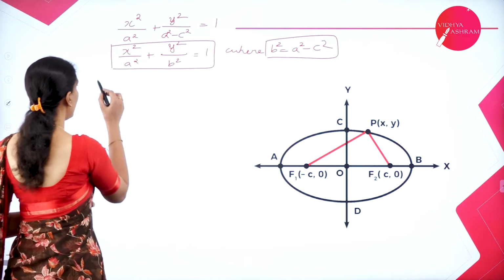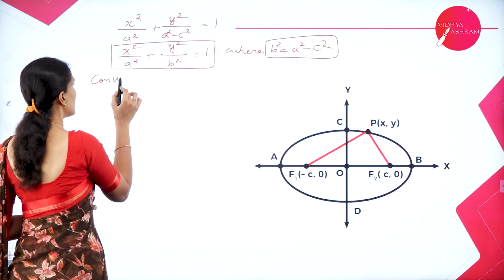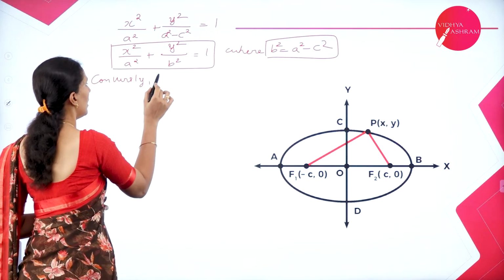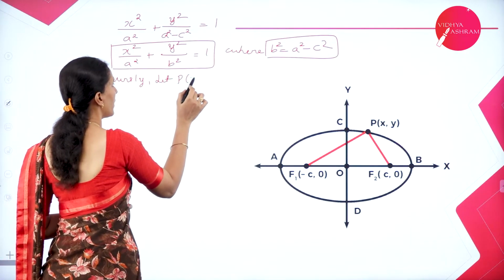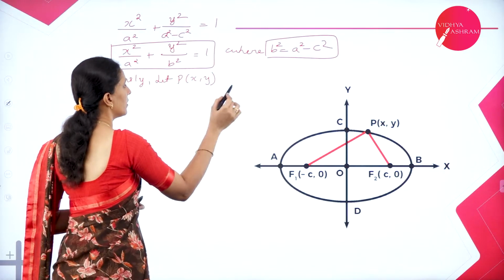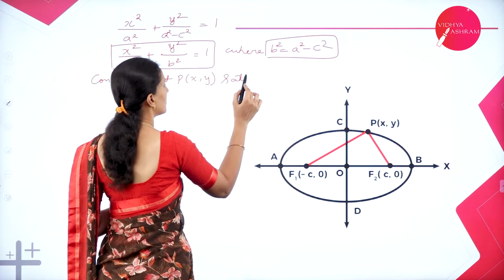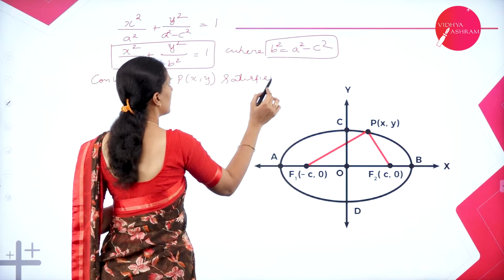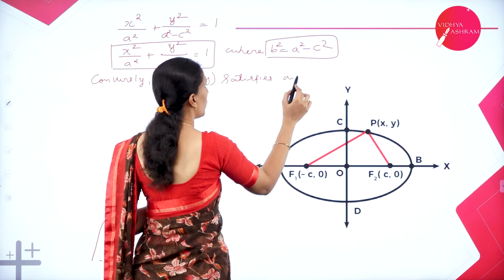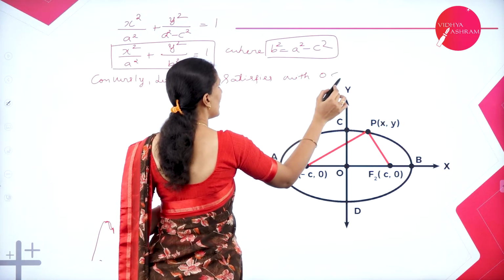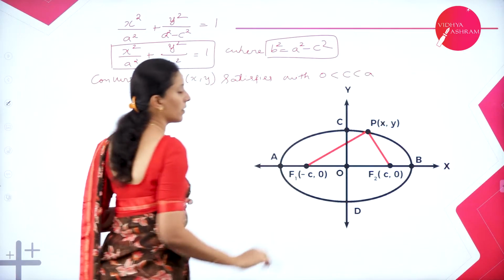Now conversely, let P of x comma y satisfy this equation with 0 less than c less than a.